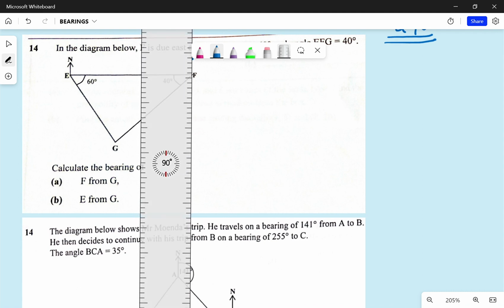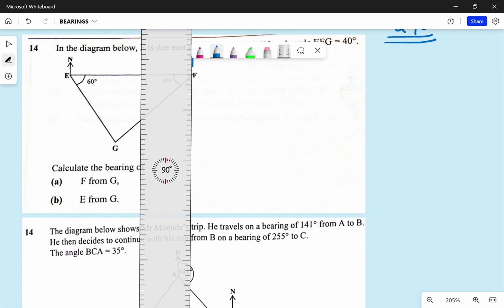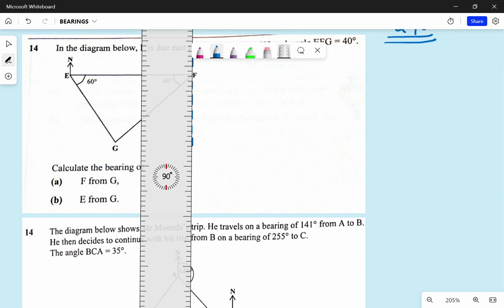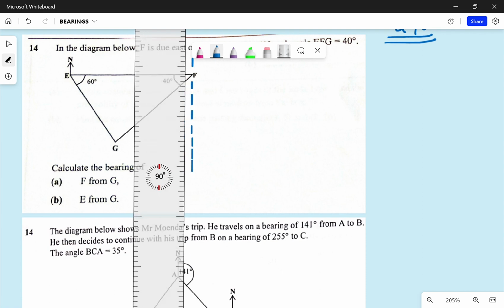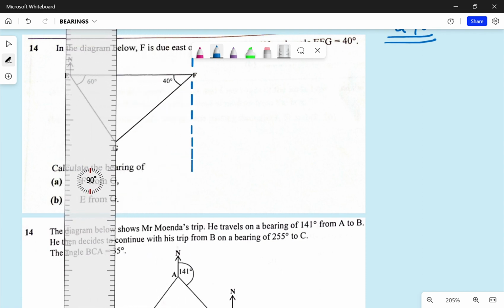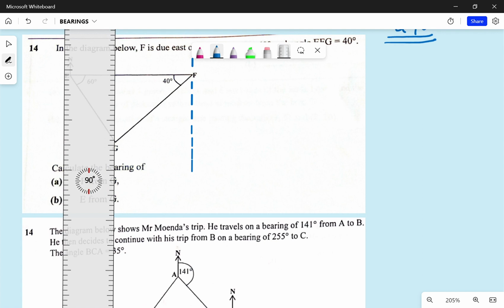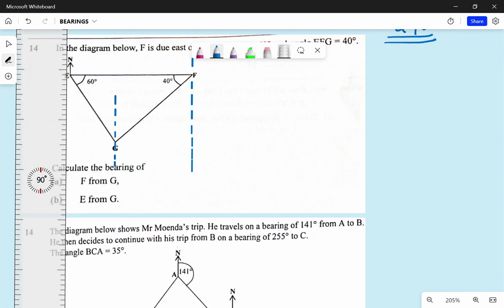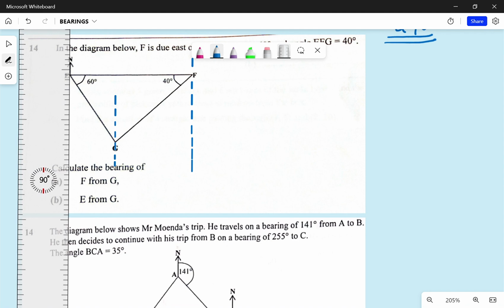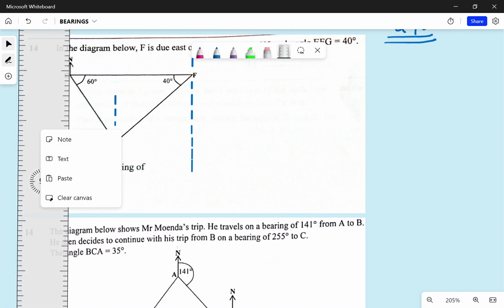I have my north lines there and my north line here. Okay, my north line there. I can also extend this one a bit so that I see clearly what I'm supposed to do.